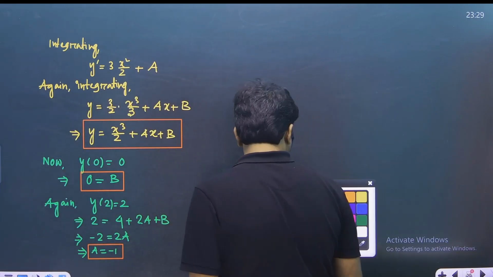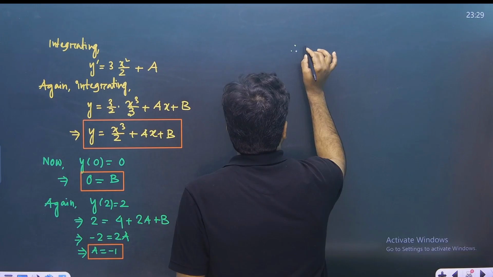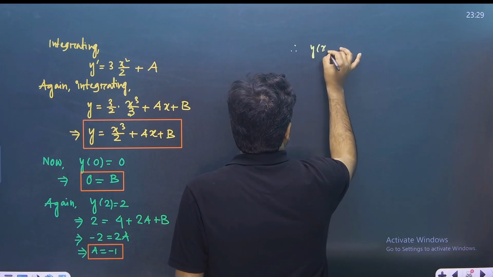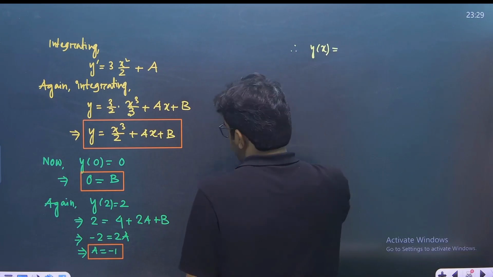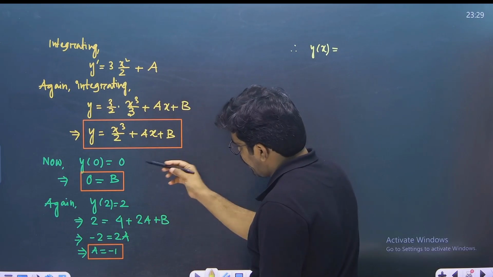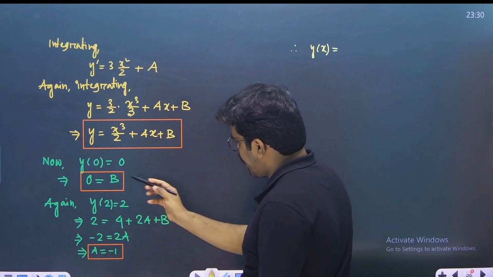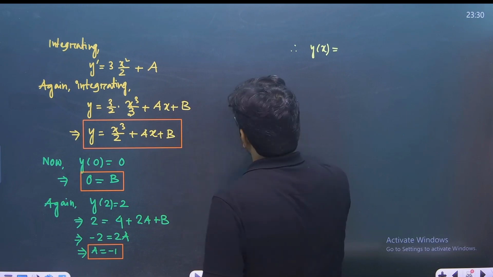So the solution becomes y is equal to x cube by 2 minus x, since a is minus 1 and b is 0.